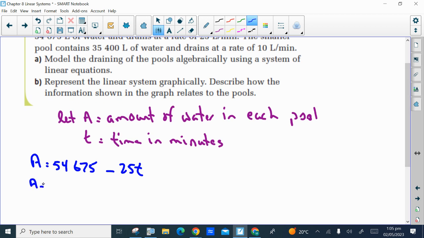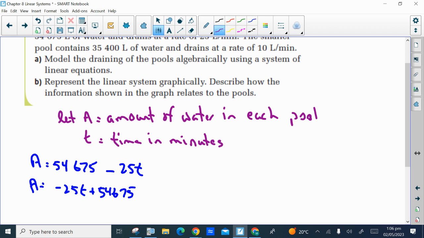Now again, if we wrote this in slope-intercept form, it would be negative 25T plus 54,675. Y equals mx plus b is where you have a number in front of the variable. Instead of x, the variable is t. The y-intercept is the constant, 54,675.